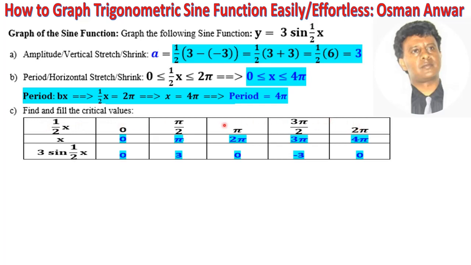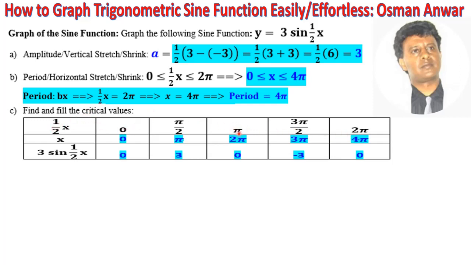Then halfway is 0 plus 2 pi, which is 2 pi, divided by 2 is pi. So halfway is pi. Then 0 plus pi is pi, divided by 2 is pi over 2. Then pi plus 2 pi is 3 pi, 3 pi divided by 2 is 3 pi over 2. That's how you find the values of half x.